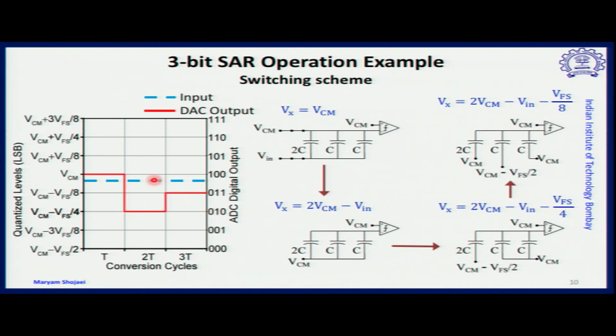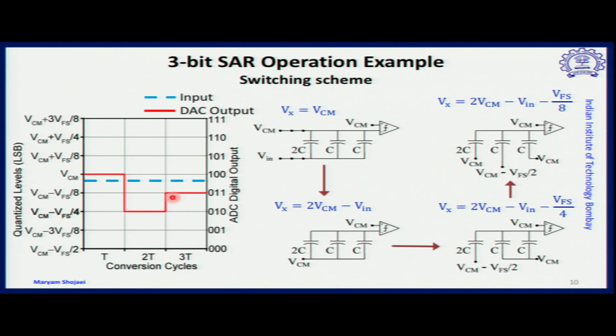Then, because the input voltage is above that, in the next step the VCM minus V full scale by 2 point will be returned back to VCM, and the next reference level will be set accordingly, and the effective Vx will be 2 VCM minus Vin minus V full scale by 8.